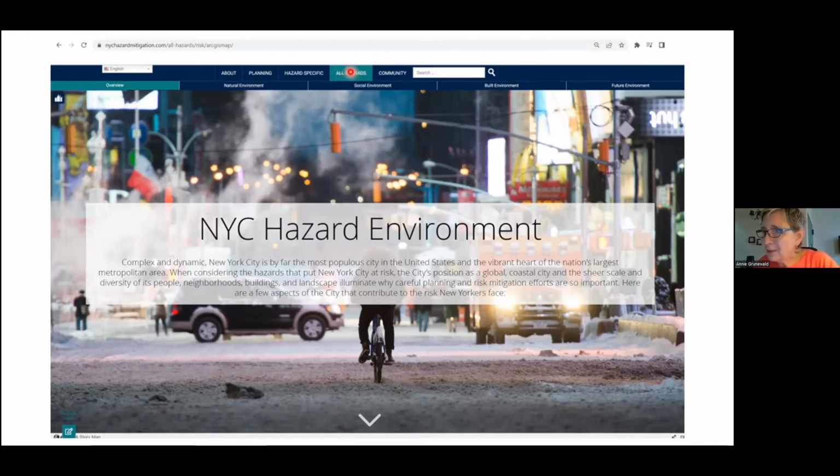And I also want to point out this all hazards page has tremendous information about our natural environment. It talks about the built environment in New York City, the age of buildings, the sewer systems, all of this stuff, and then future environment. But the thing that I was really struck by is the social environment for human services organizations. There's information here that you could use for various kinds of funding proposals.